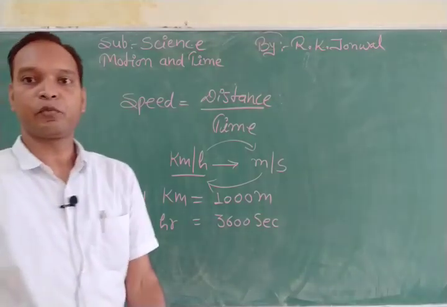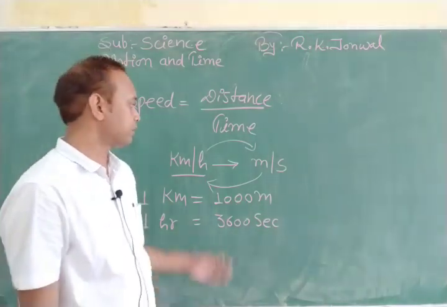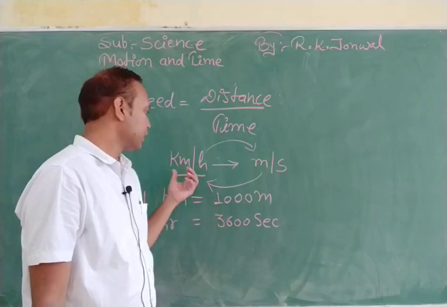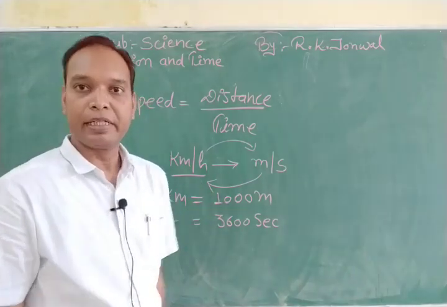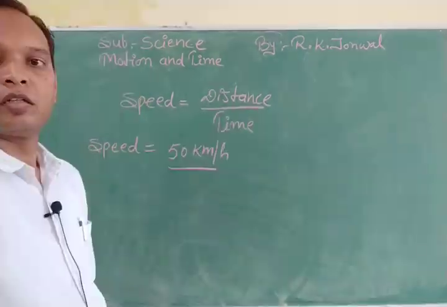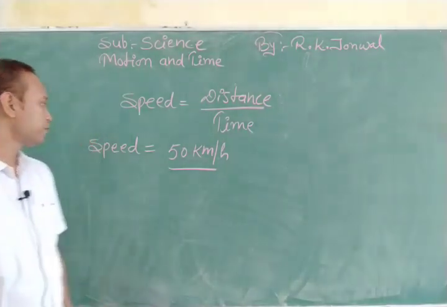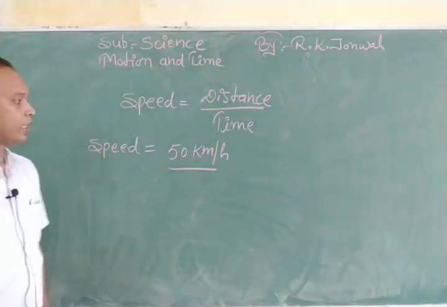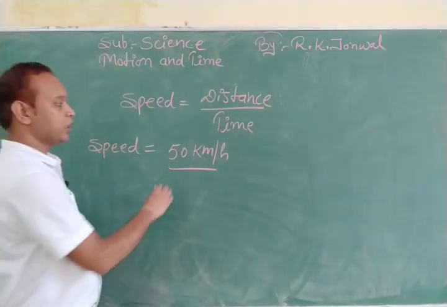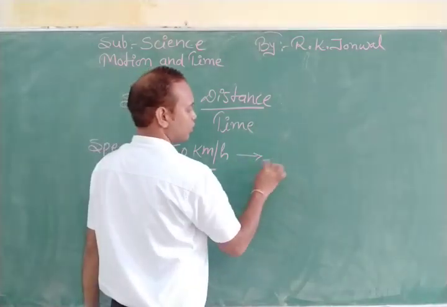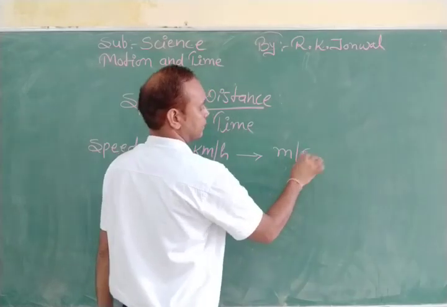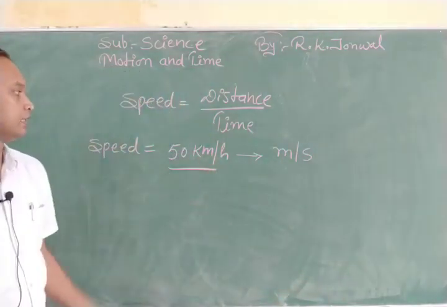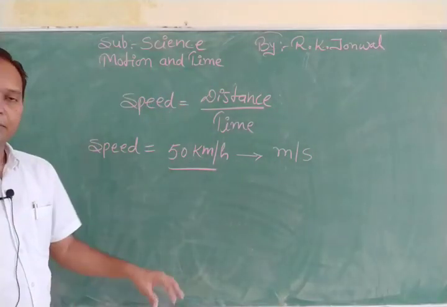So students, now we convert some units which are in kilometer per hour into meter per second. Here is a speed which is 50 kilometer per hour. If we want to convert this 50 kilometer per hour into meter per second, how can we change it?